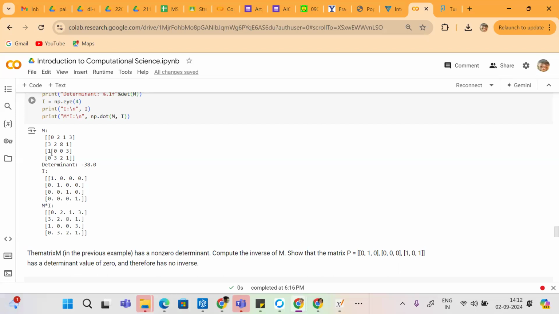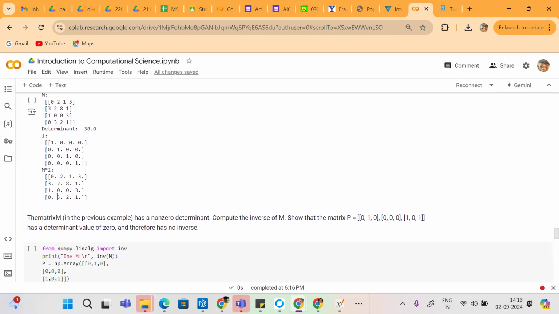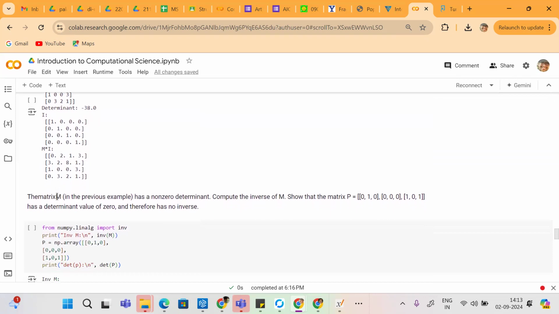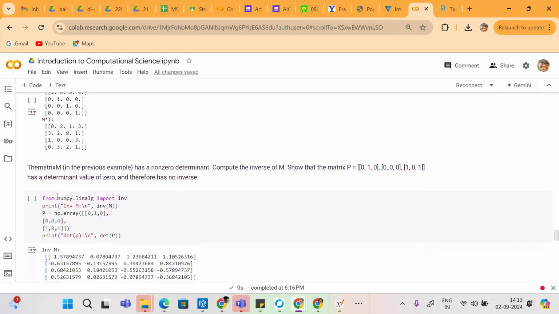You can see that M and M times I are the same. Of course, 1 dot means it's 1.0, okay, the float. But you can see that those two are matching. So this is just an idea for you to show how to multiply those two matrices. Okay. Is it fine?